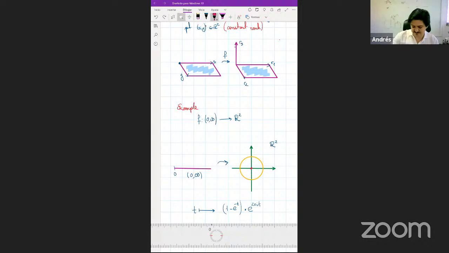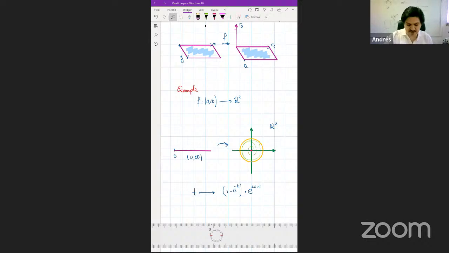Nice. Then you have something like this. I don't know where it starts, but it moves all the way around. Okay, so this is the function that I have in mind. Very good.